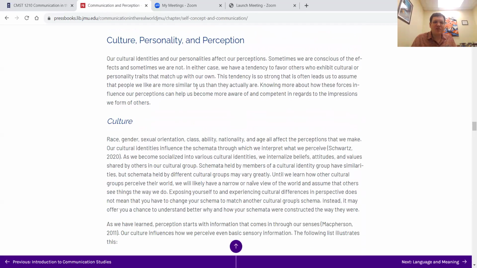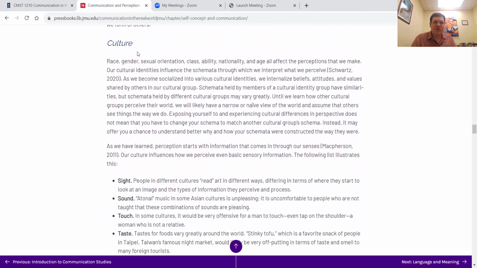Next is culture, personality, and perception. So our cultural identities impact our perception as well. It talks about culture. So again, race, gender, sexual orientation, class, nationality, age, all affect the perceptions that we make. So our cultural identities influence the schemata through which we interpret what we perceive.